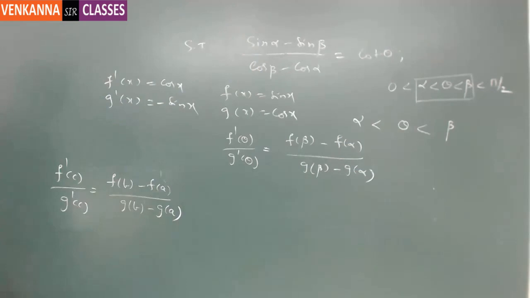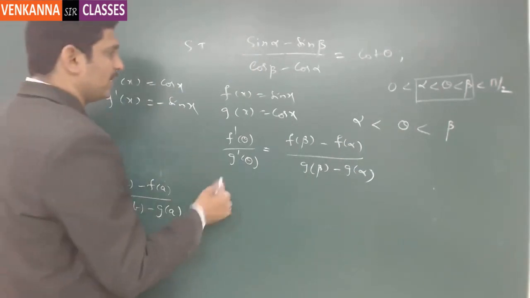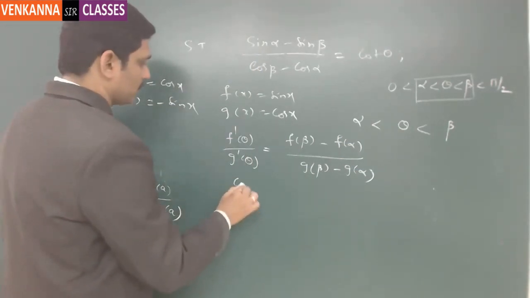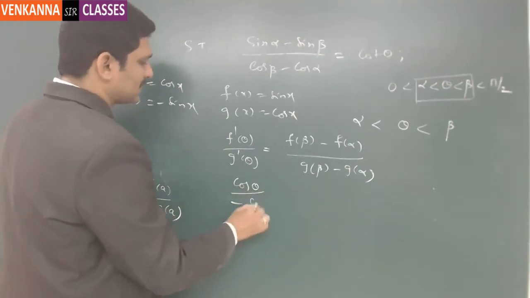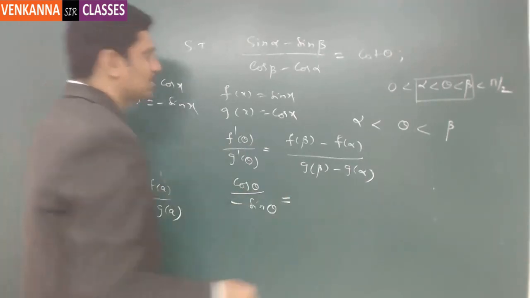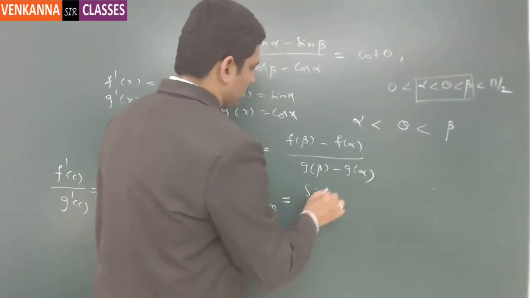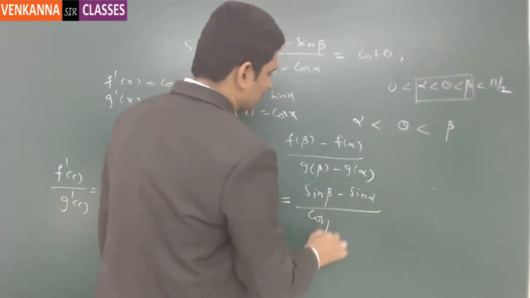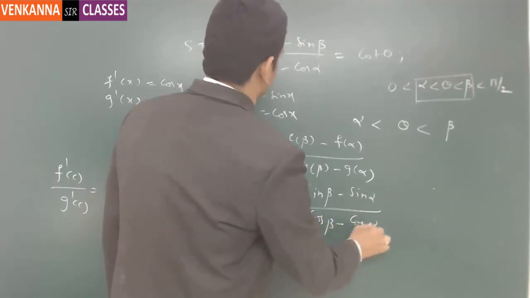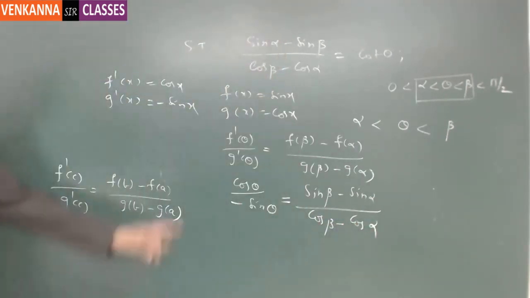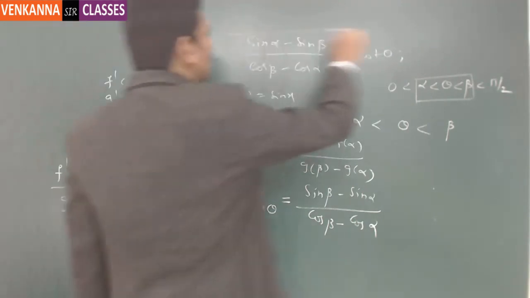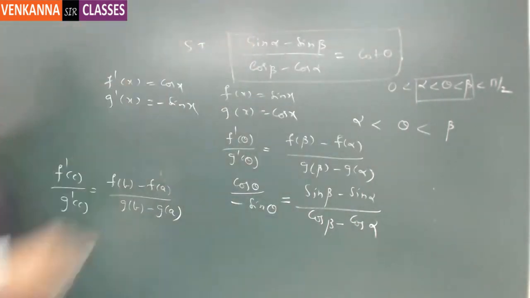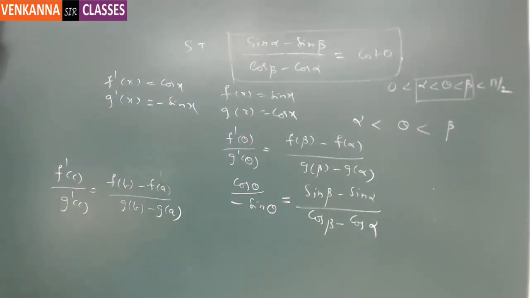So if you substitute the respective values there, it will be cos theta by minus sin theta equals sin beta minus sin alpha by cos beta minus cos alpha. So from this you are going to get this value by multiplying with minus, and cos by sin is giving cot. Okay.